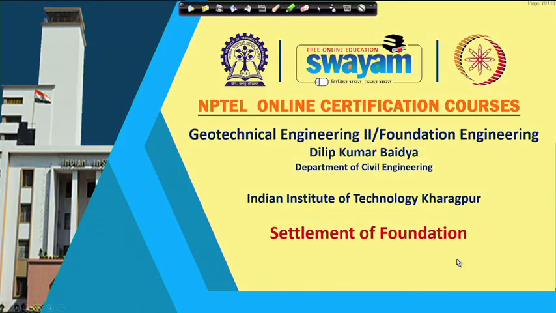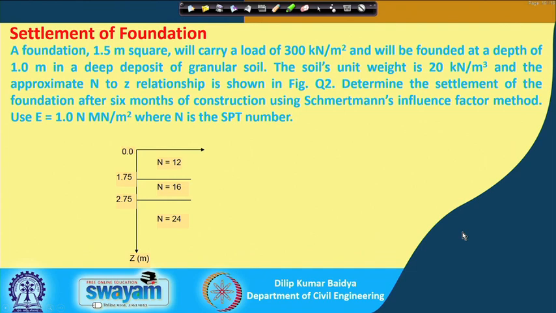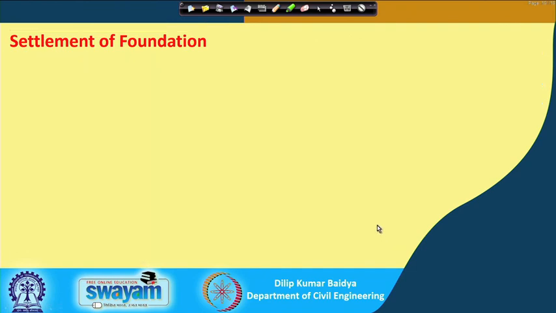And using these two models, how to find out the settlement I have discussed also, but let me take one problem to explain how this method can be used. The problem is given here, but before going to the problem, let me take some time to explain how to use this equation.